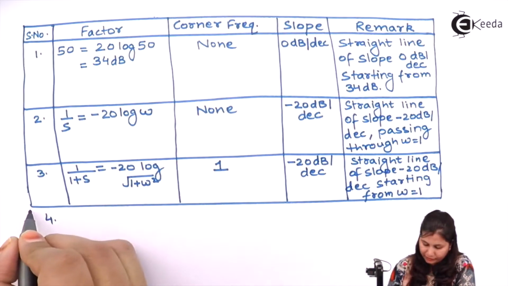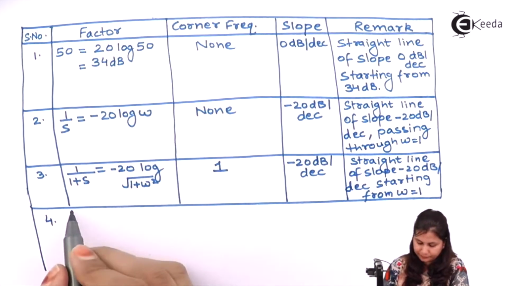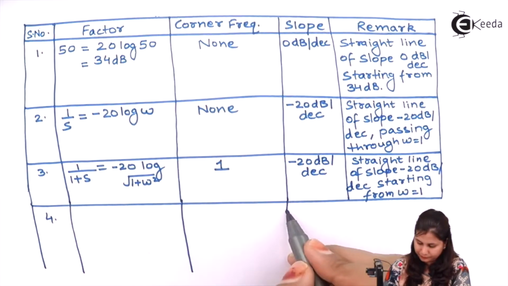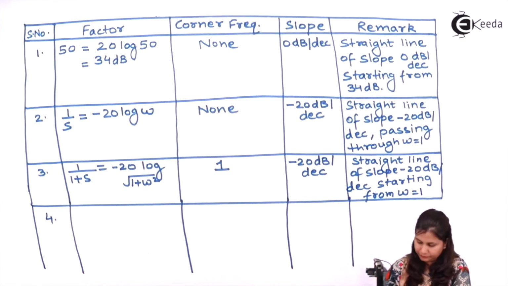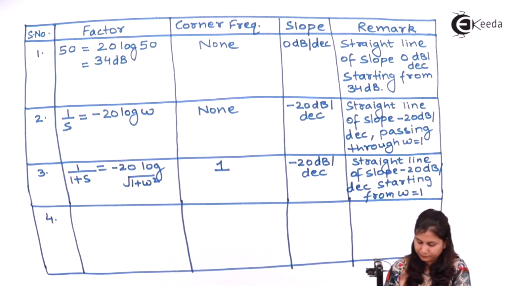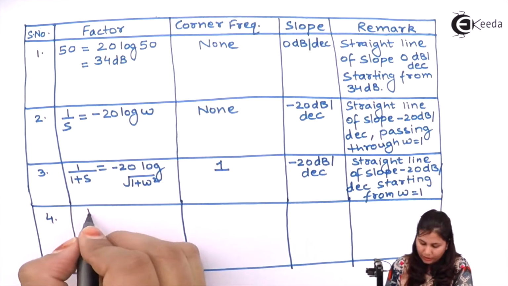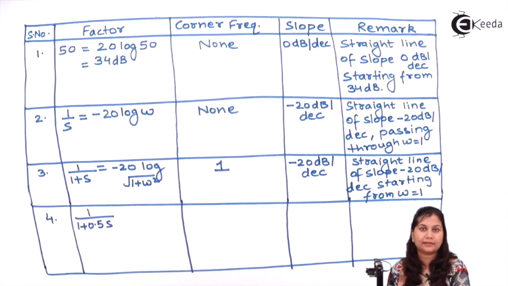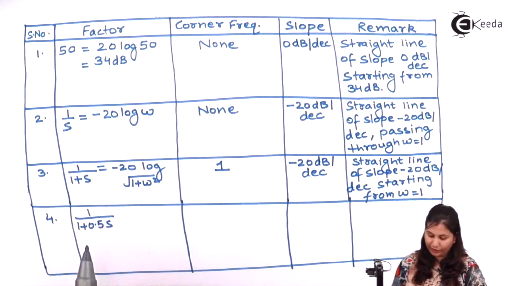Now the fourth factor is 1 upon 1 plus 0.5 s. Okay, this is our fourth factor.